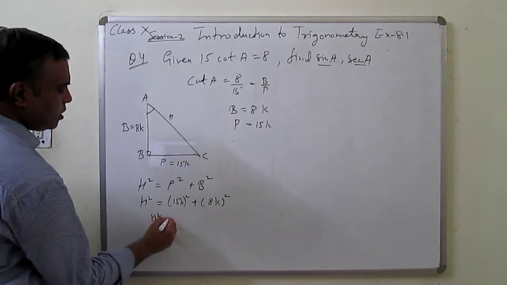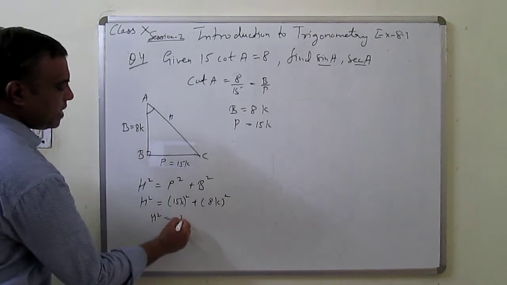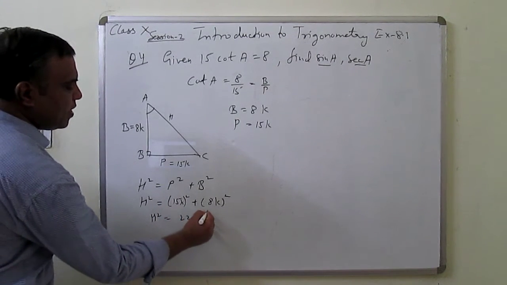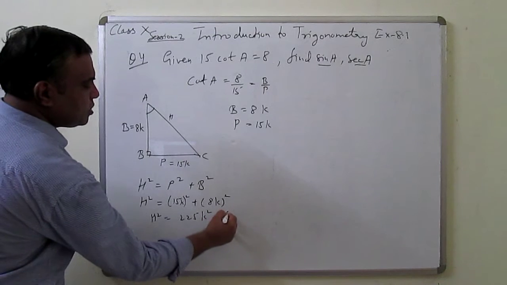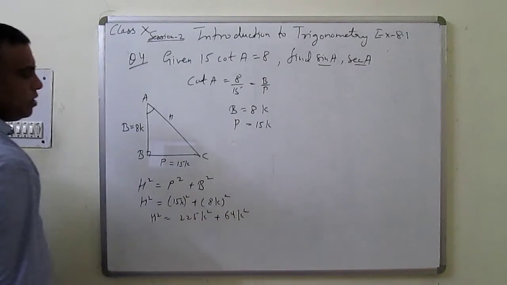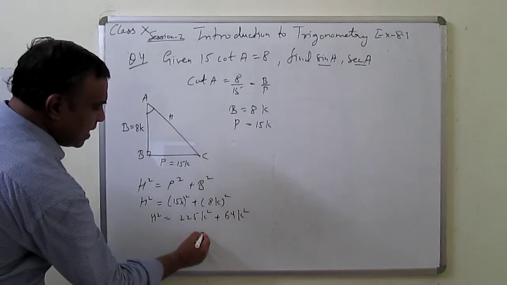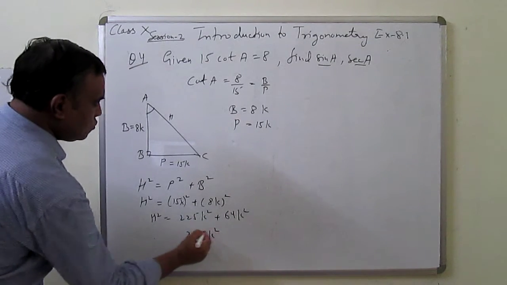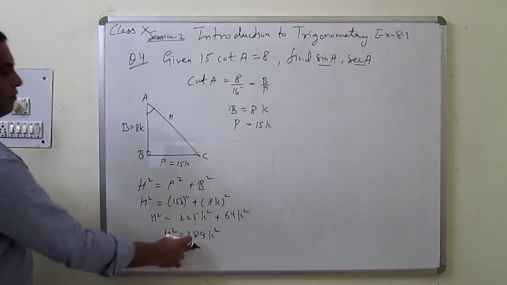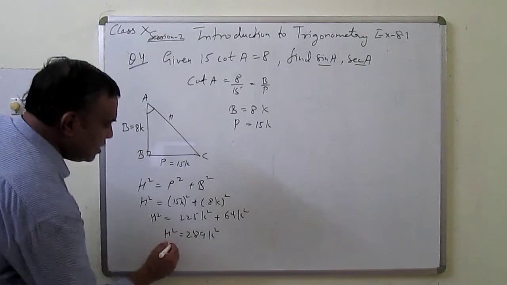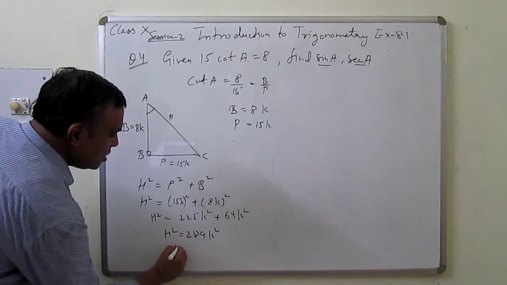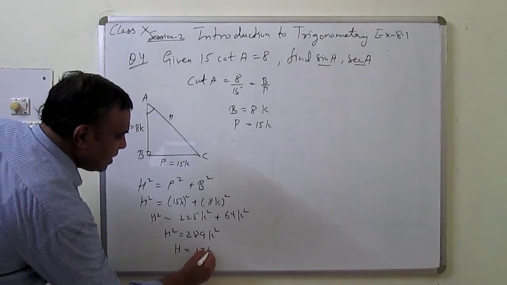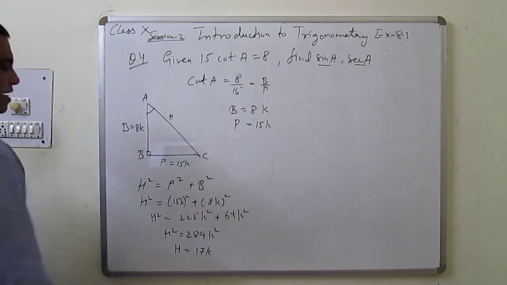H square is equal to 15k का square, 15 का 225 into k square plus 64k square. So if you add it, you will get 289k square. Now I think all of you know that 289 is the square of 17. So h is equal to 17k. k square का square root k.